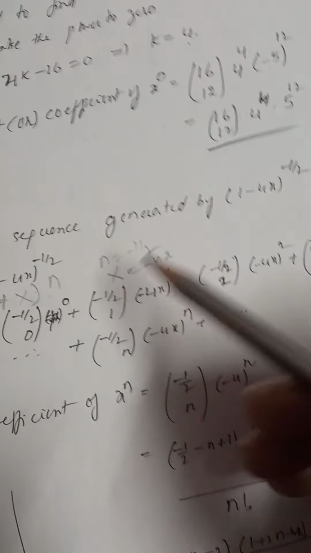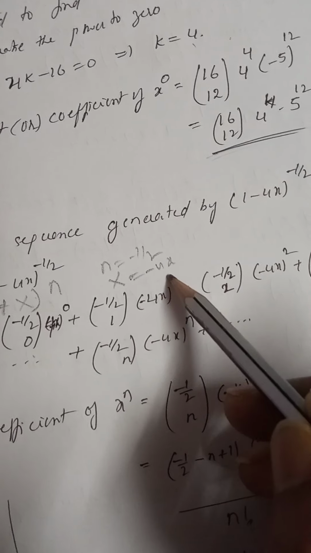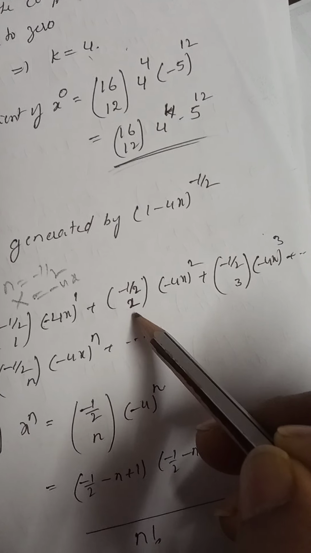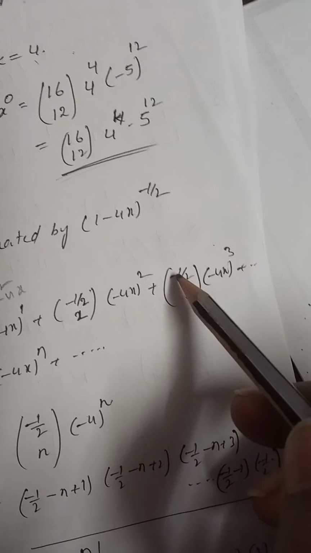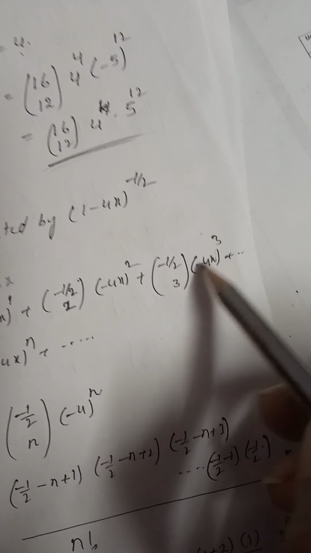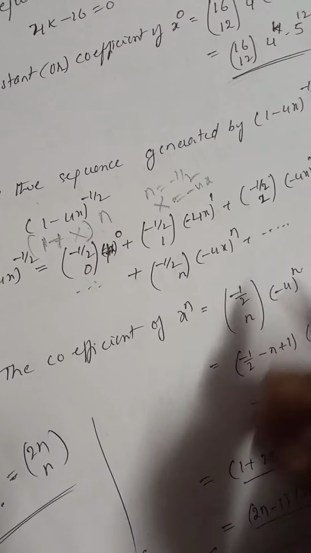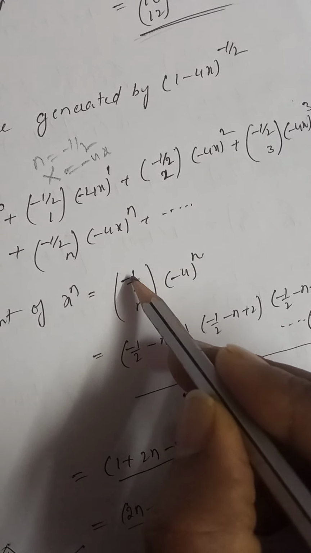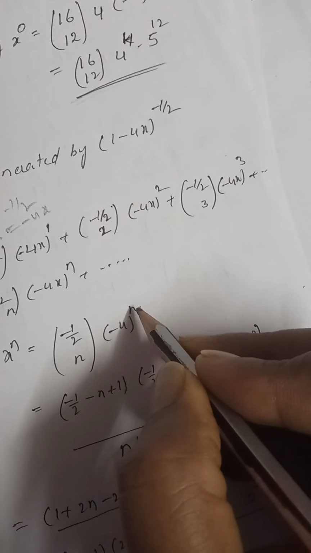Now nC1, (minus 1 by 2)C1 (minus 4x) to the power of 1, (minus 1 by 2)C2 (minus 4x) whole square, (minus 1 by 2)C3 (minus 4x) whole cube, and so on. Now here the coefficient of x power n is (minus 1 by 2)Cn into (minus 4) to the power of n.